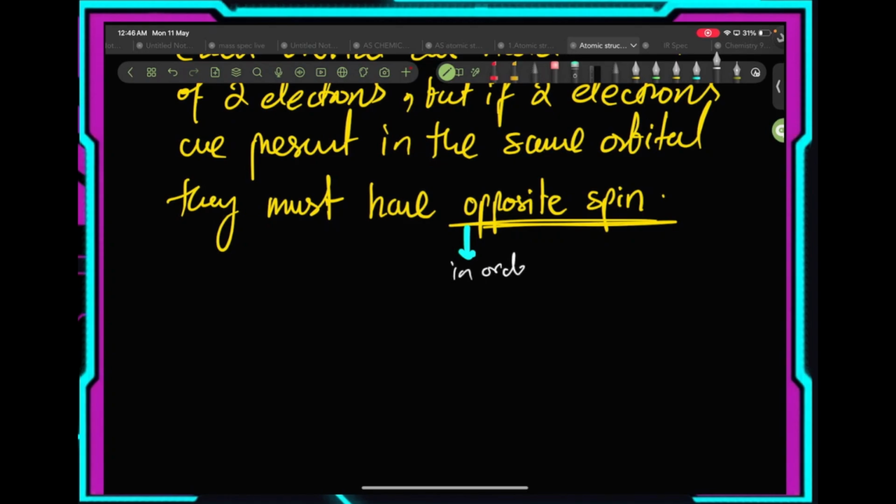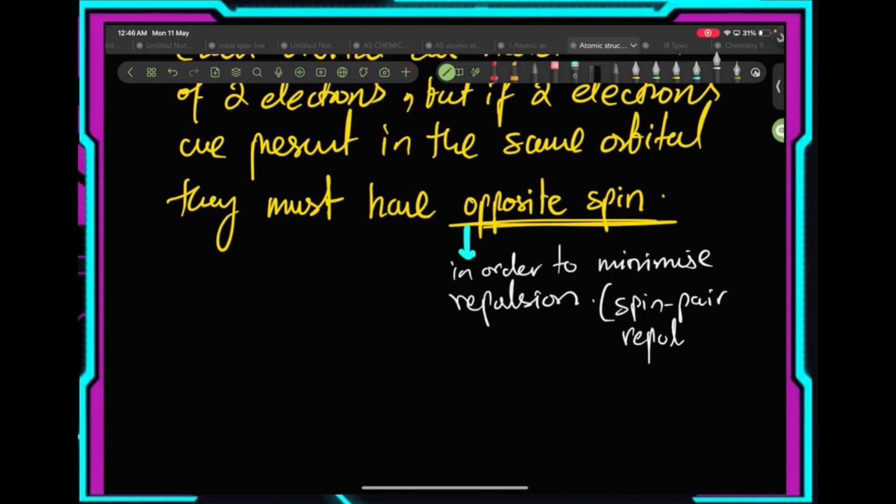In order to minimize repulsion, okay, and this type of repulsion, which is in between 2 electrons, is known as spin pair repulsion.